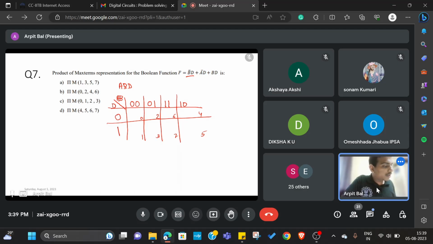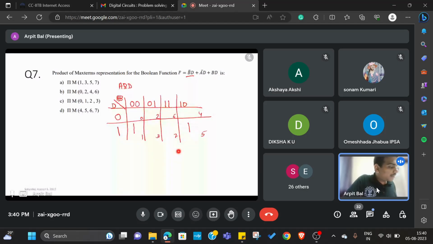Because a bar b bar d is present, this is 1. Similarly because a b bar d is present, this is 1, right? Similarly a bar d. So a bar d will imply that a bar b bar d and a bar b d both are present.